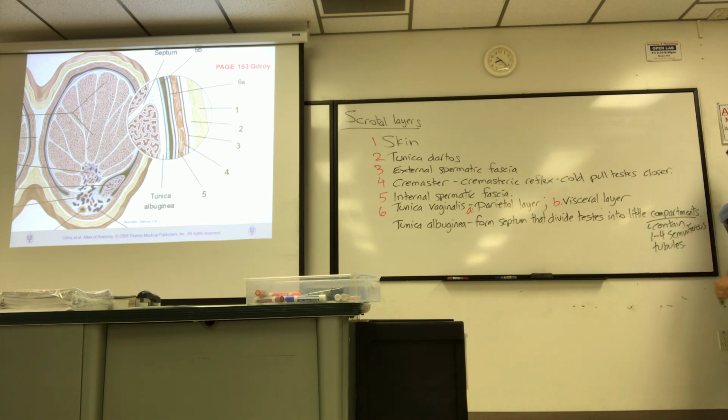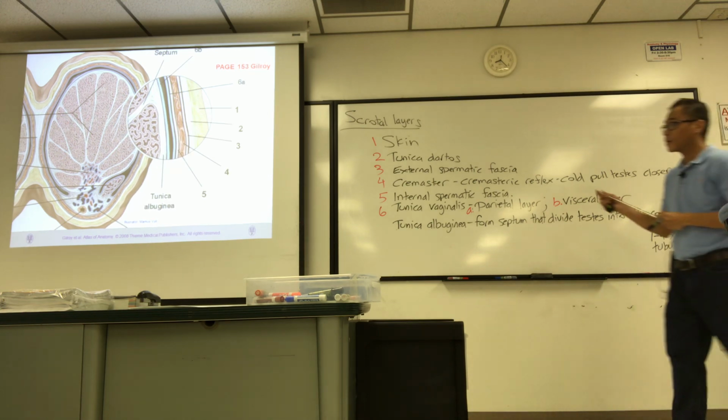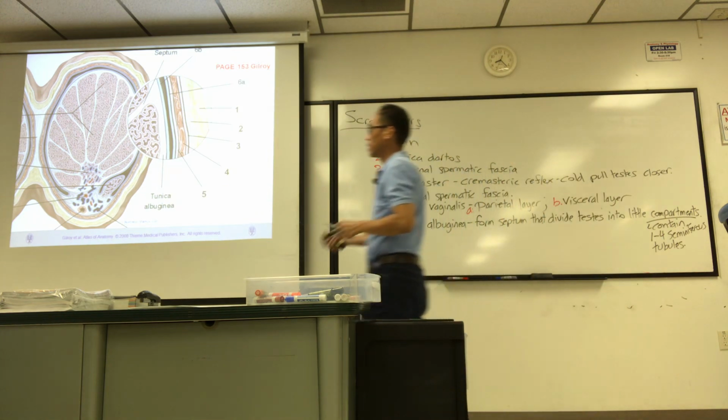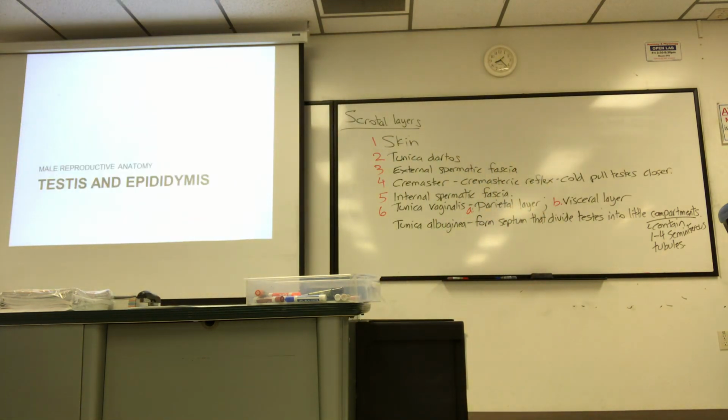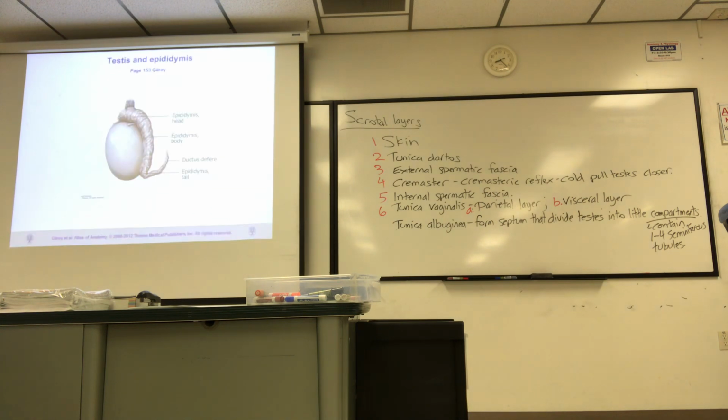That doesn't sound like too many, but each one of those might be something like 32 inches long. So that's a lot of convoluted tube to make sperm. Now the testes is associated with the epididymis, shown there.